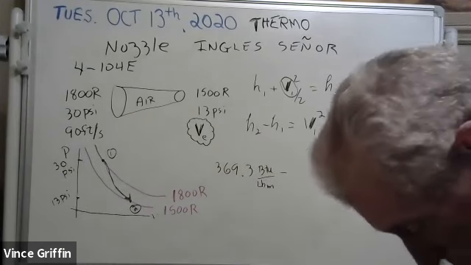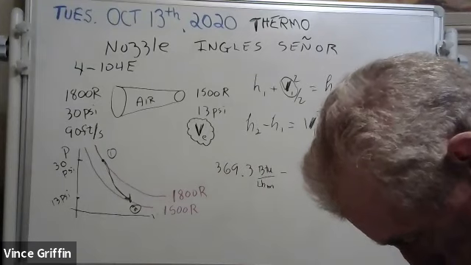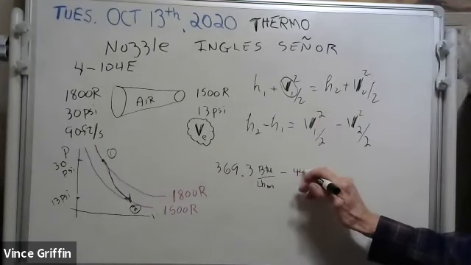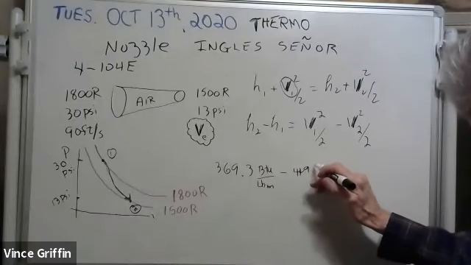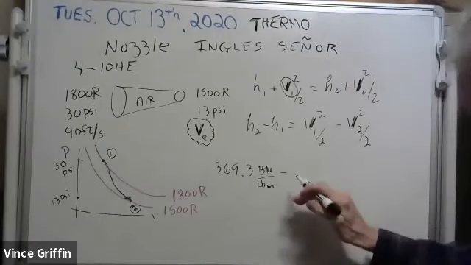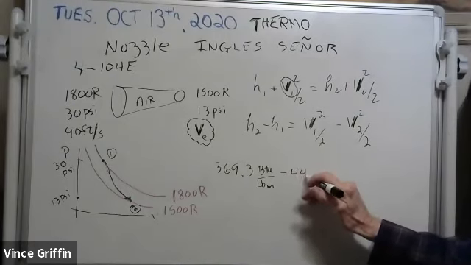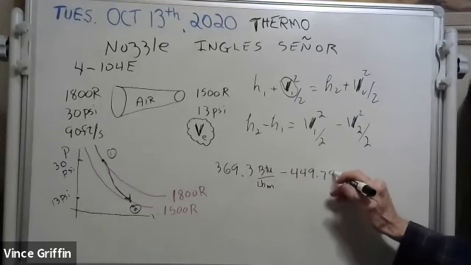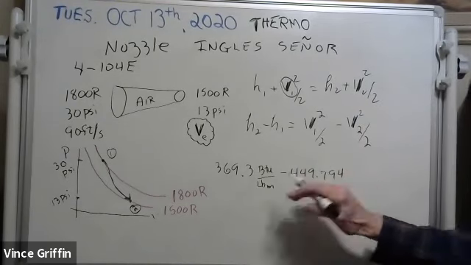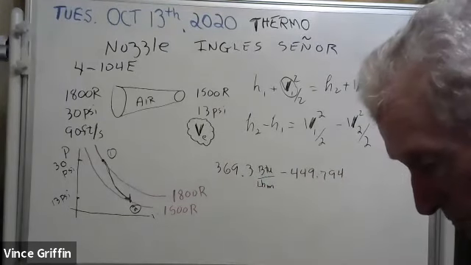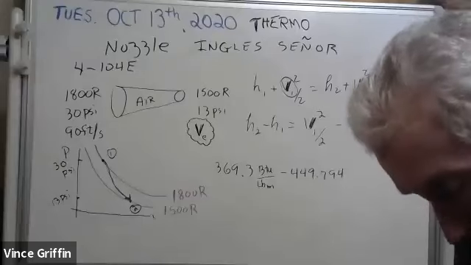Now H1's at 1800. Let me find that. There it is. Now that one's given. That's 449.794. Now, did anybody have trouble getting that H2? If you did, just speak up and we'll write it out if you want.